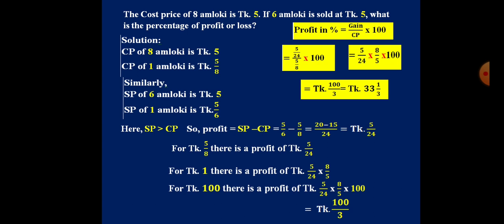That means there is a profit of 33 and 1/3%. Okay, you can do either of the methods, the first method or the second method. Okay, let us go for the next slide.